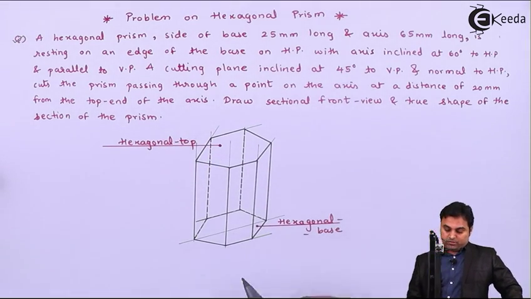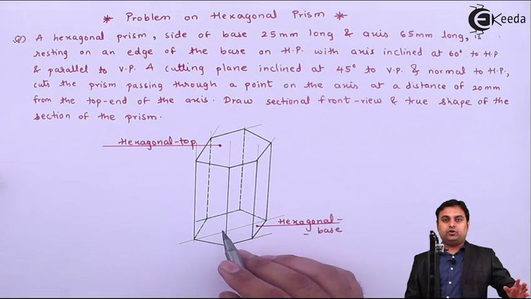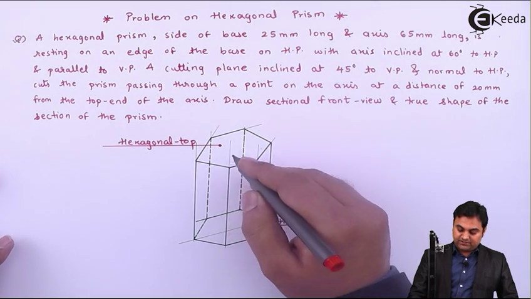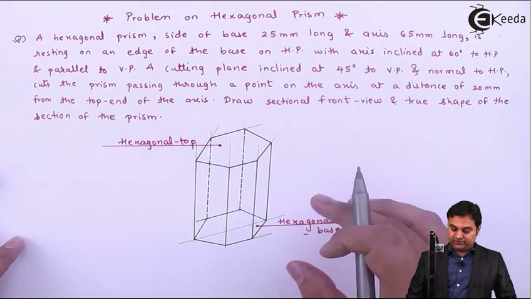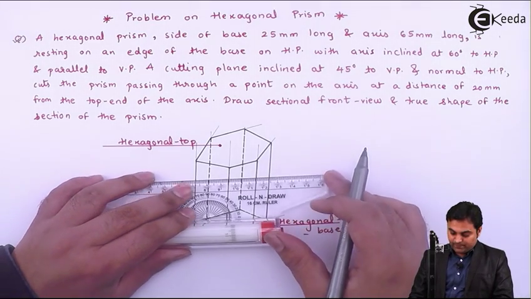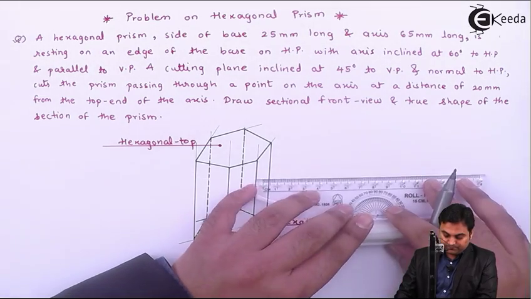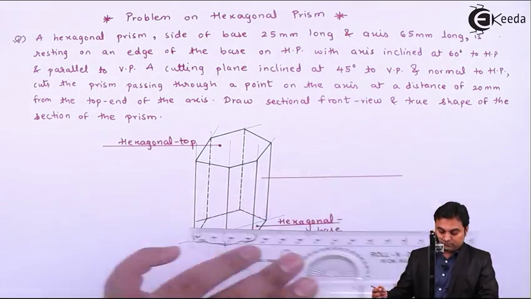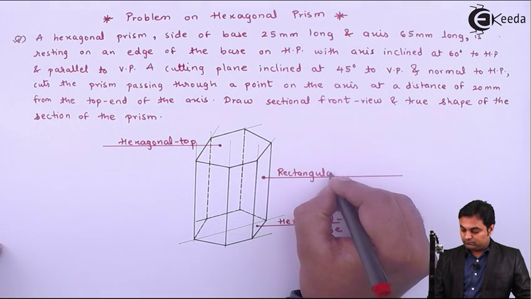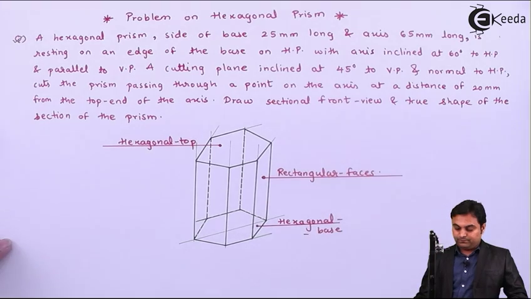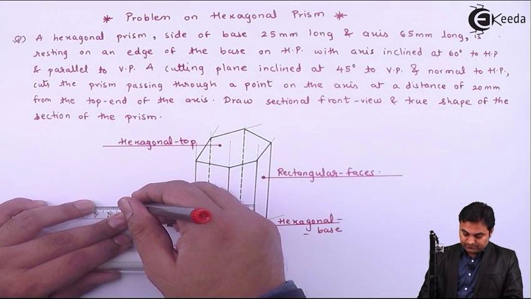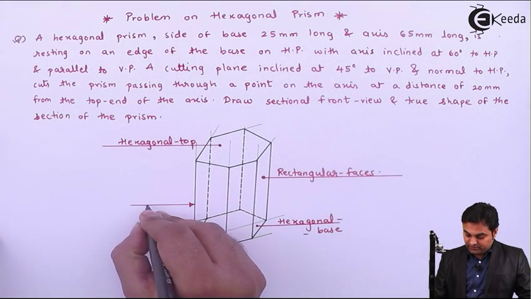Then since it has 6 corners and these 6 corners are connected with 6 edges onto the top 6 corners, they are forming 6 rectangular faces. So here we have those rectangular faces, and then these are the edges of the hexagonal prism.